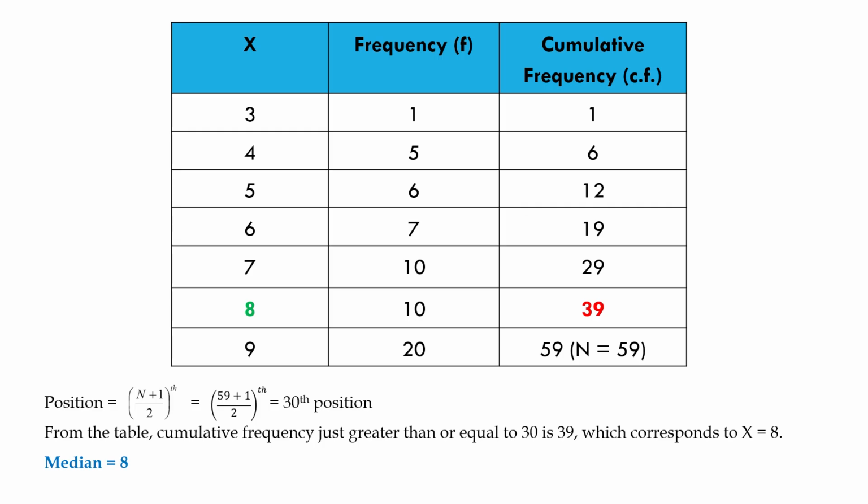That is, the next higher value corresponding to 30 is 39. Then the corresponding value of x gives the median value. The value of x corresponding to the cumulative frequency 39 is 8. So the median is 8. That is the solution for this problem.